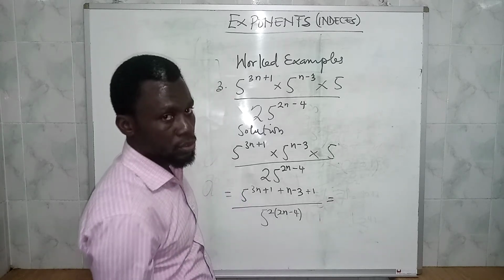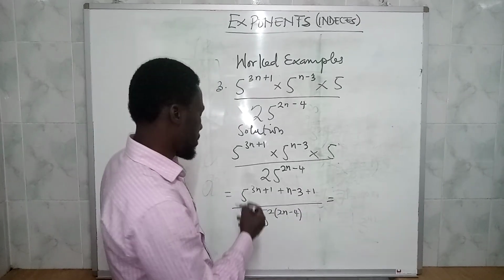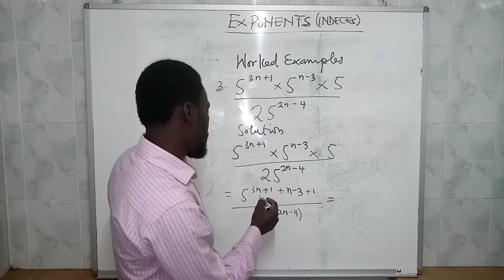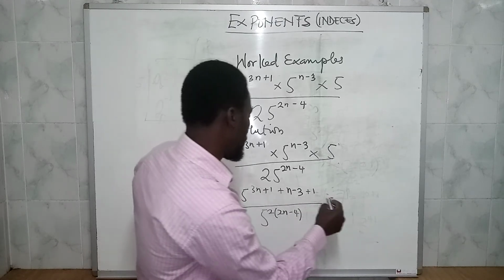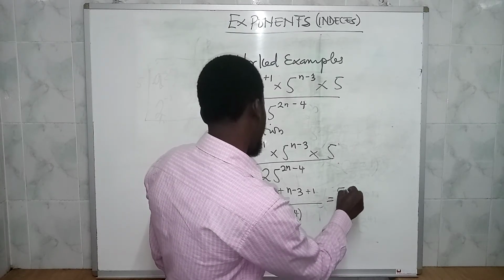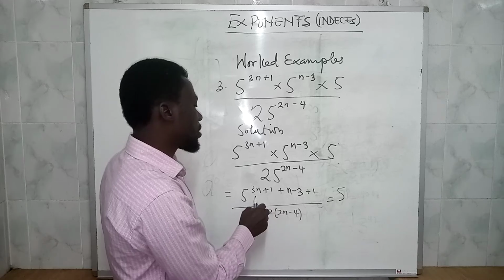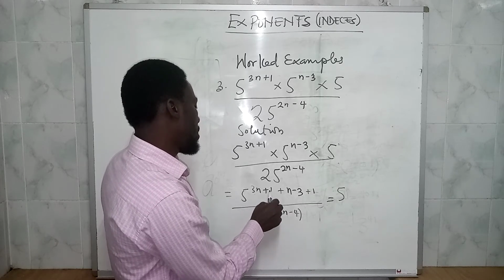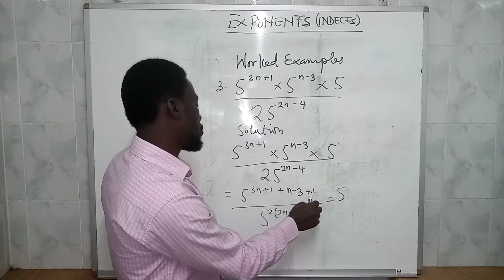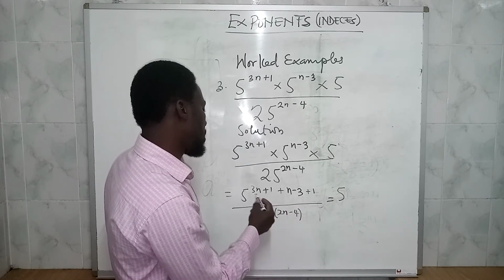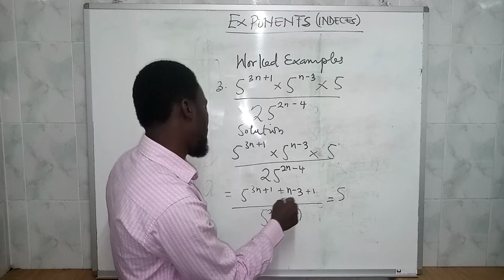Now we can decide to compute this. So this will be 5 raised to the power 3n plus n gives us 4n. 1 plus 1 gives us 2. 2 minus 3 gives us negative 1.